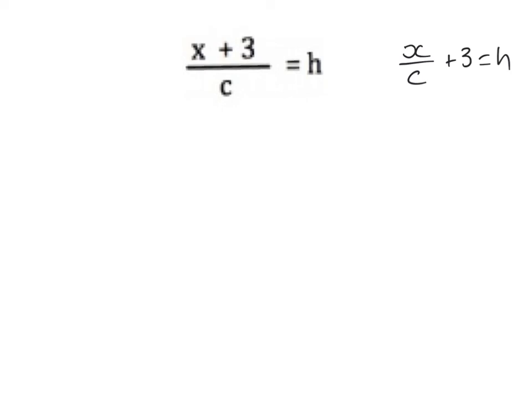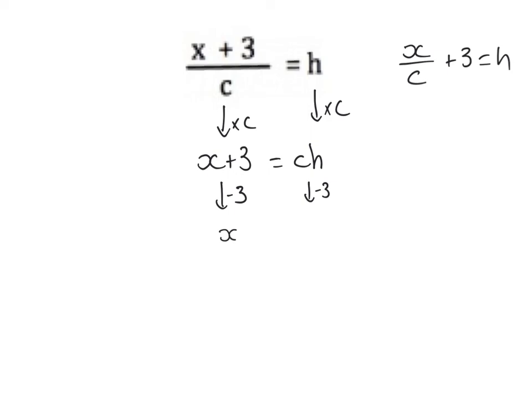So the first thing we would do in this instance is multiply both sides by c. Therefore we have x plus 3 is equal to ch. And now we can subtract 3 from both sides to leave me with x is equal to ch take away 3.